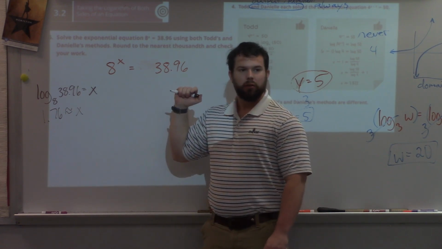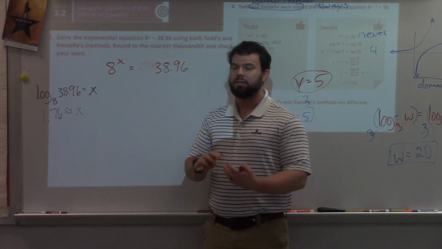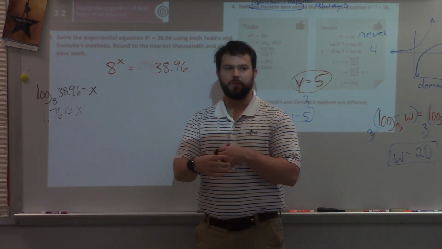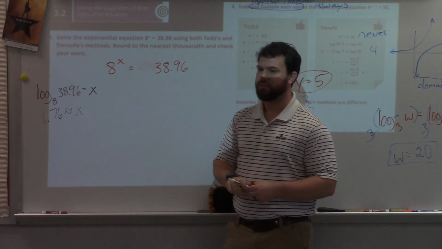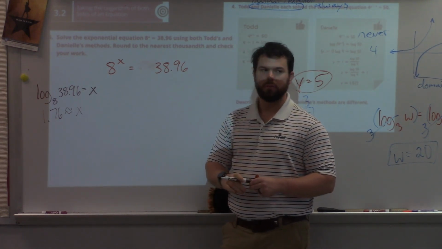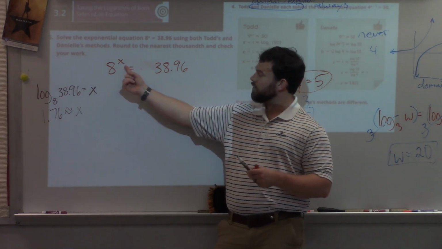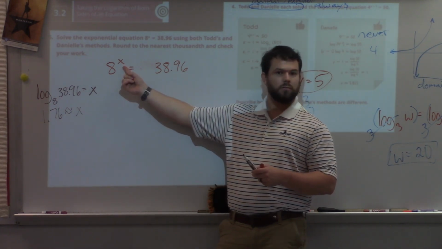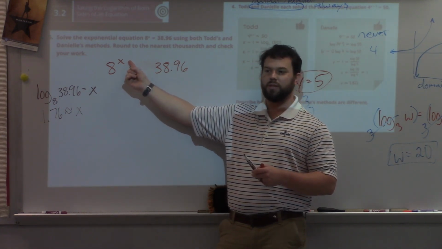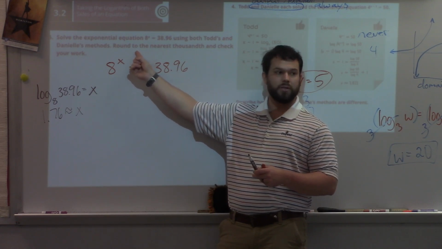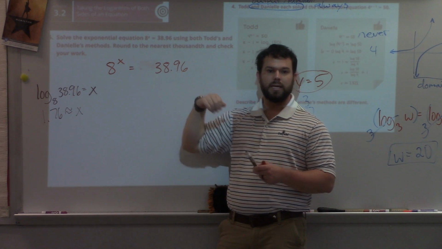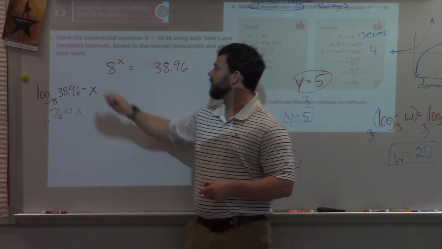What's the other way that I could have done this? Instead of just rewriting it using a logarithm, what could I have done on both sides here? What's my inverse operation? Do we have a cube here? Remember, that variable is in the exponent. What's the inverse? The inverse of an exponential is a logarithm.